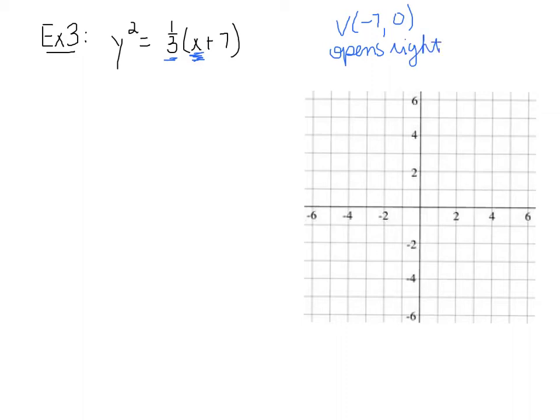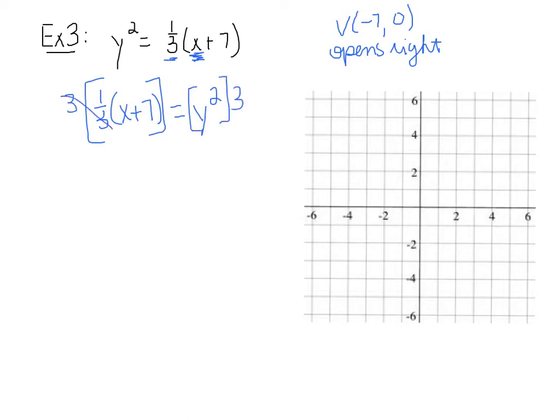Alright, so let's rearrange it and get this x value by itself. I'm going to totally turn it around, so I'm going to put 1/3 (x plus 7) equals y squared. So we're going to multiply by the reciprocal. Reciprocal would be 3 over 1, which is just 3. That would cancel. So we have x plus 7 equals 3y squared.